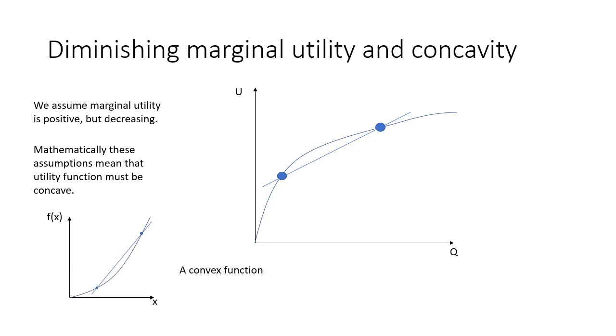This is what we call concave, and here what I'm showing you is just the opposite, a convex function. So a convex function could not be a good utility function, but a concave one would.